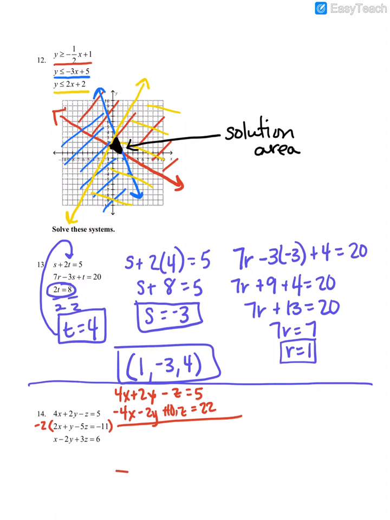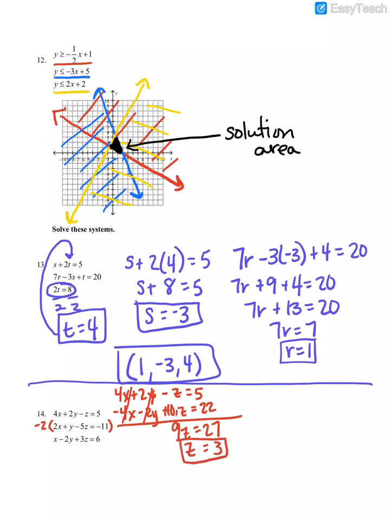When we do that, actually something cool just happened. The x's and the y's canceled, so I got 9z is equal to 27. So easy peasy, we got z is equal to 3.